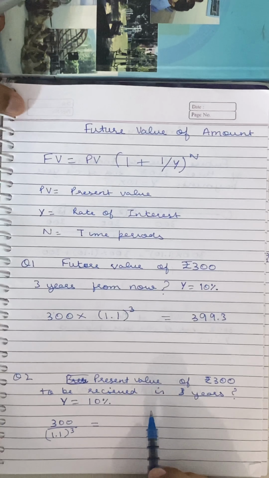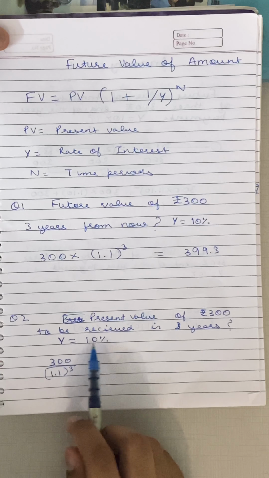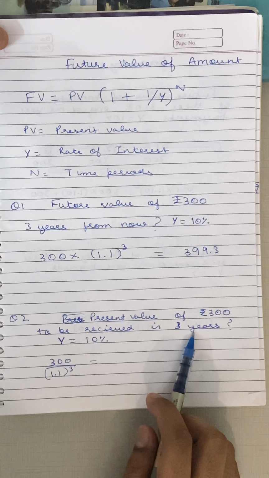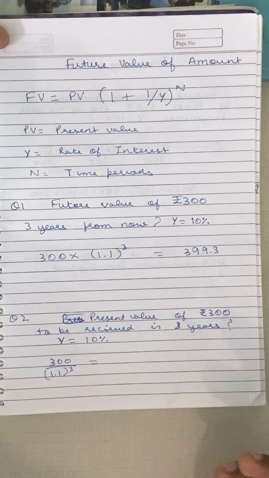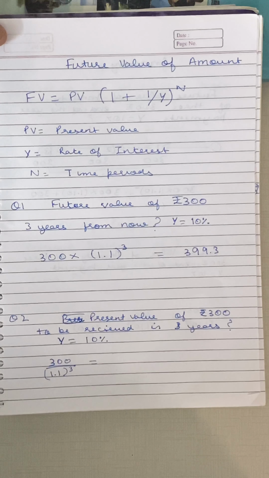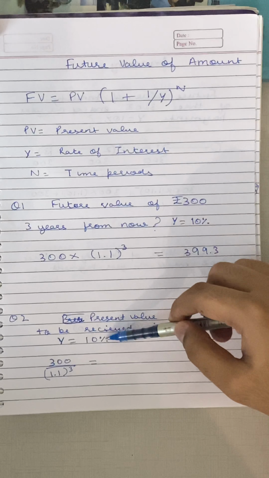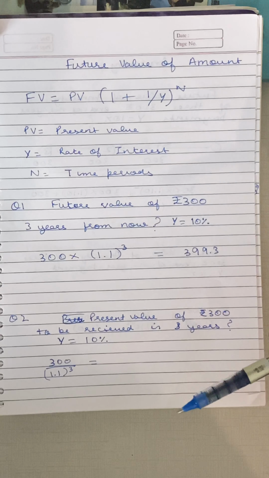Now we have to find the present value of 300 to be received in 3 years. So now it is the other way around. We have to receive 300 in 3 years with the compounding interest rate of 10%, and we have to find the present value.